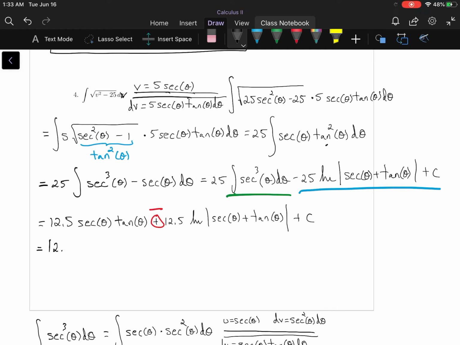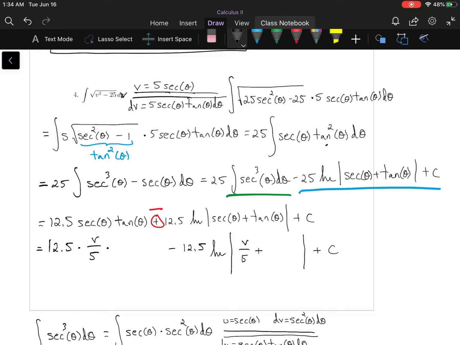We've got 12.5 times v over 5 minus 12.5 times the natural log of v over 5 plus something that we haven't figured out just yet.